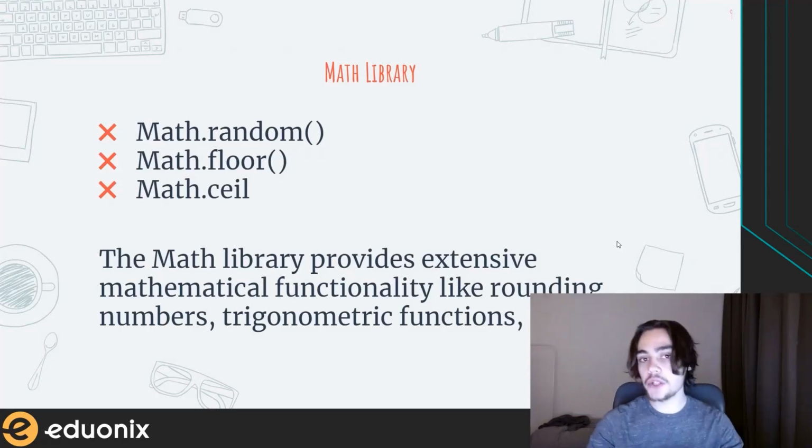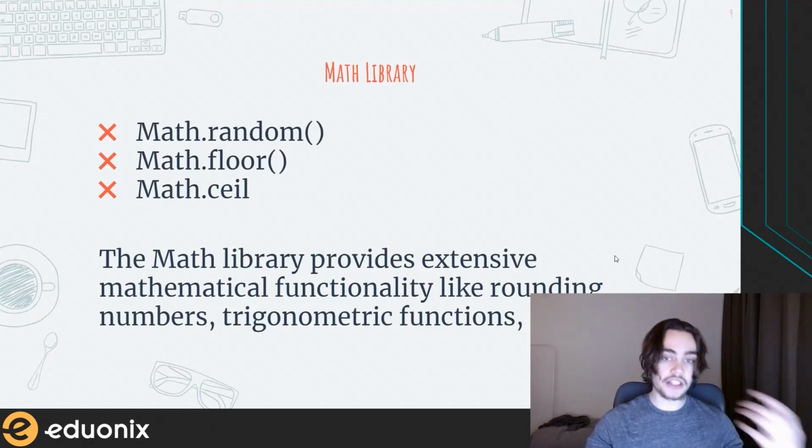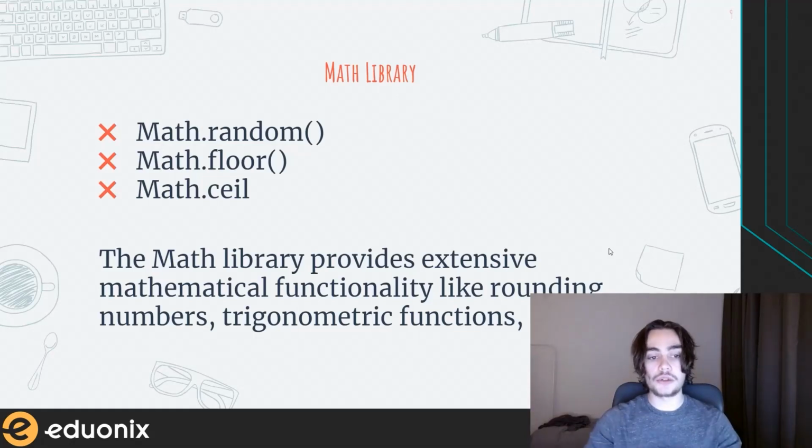And then we also have what is in the math library, and it exposes us a few useful functions for dealing with numbers and doing things like rounding numbers or trigonometric functions like sine and cosine.